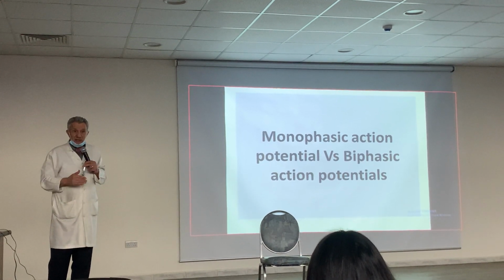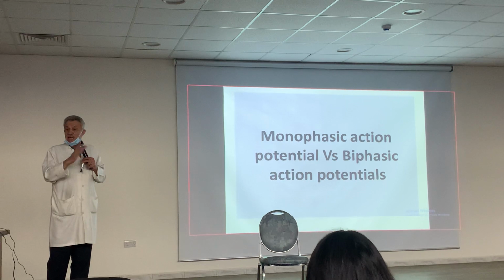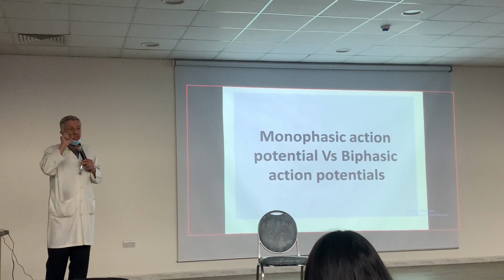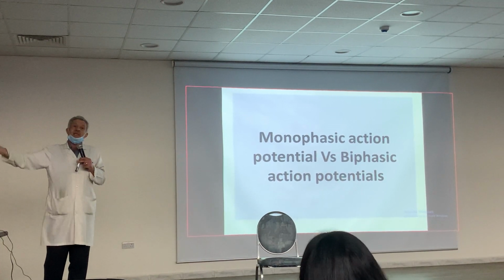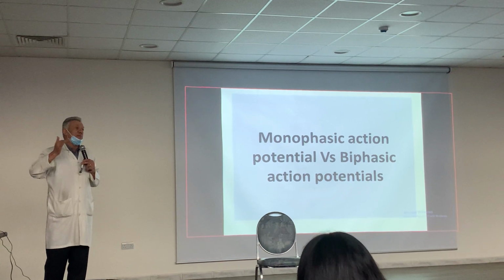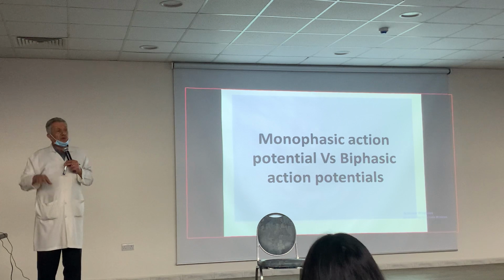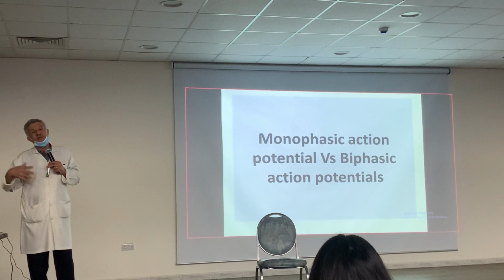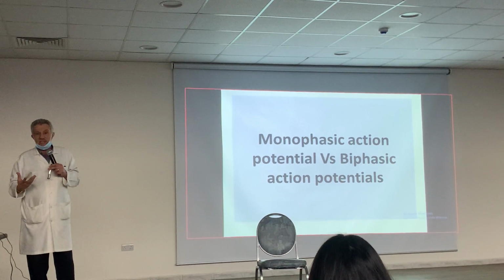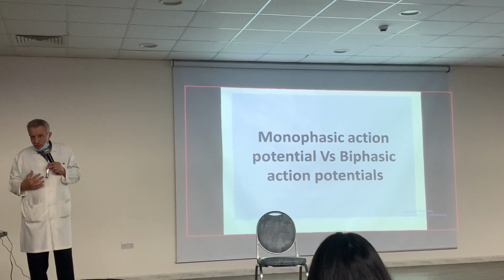So we can record the changes in that way. Or you can connect one of the electrodes with a high resistance, which means the voltage is zero, and record according to the zero voltage.